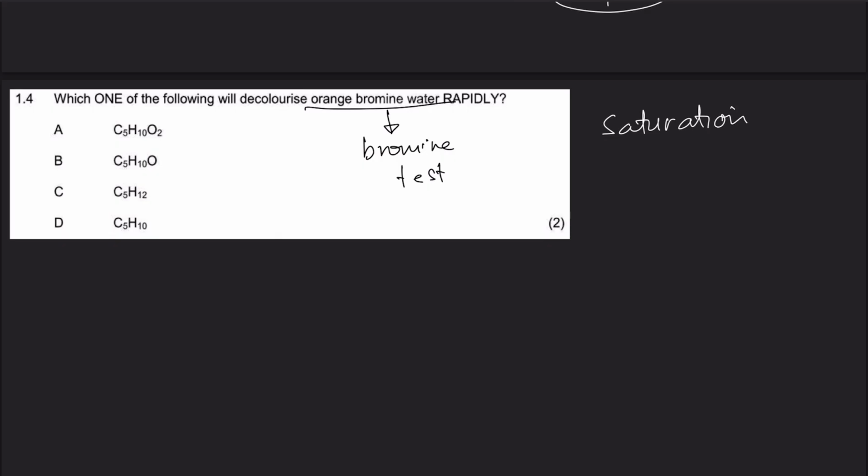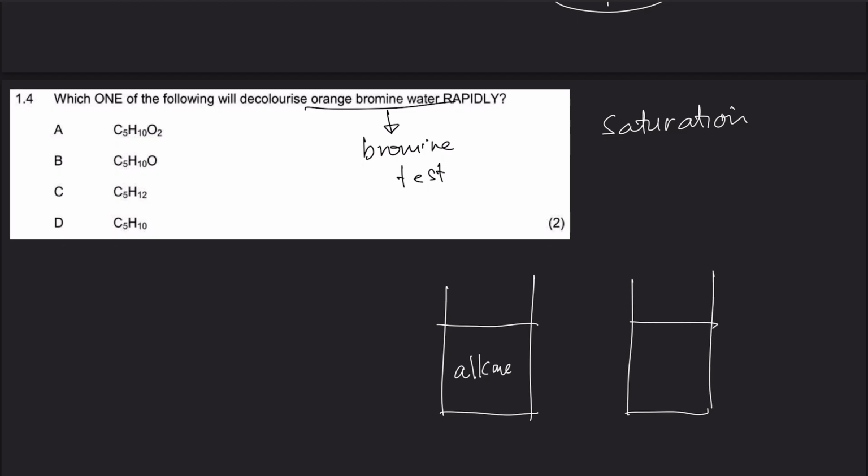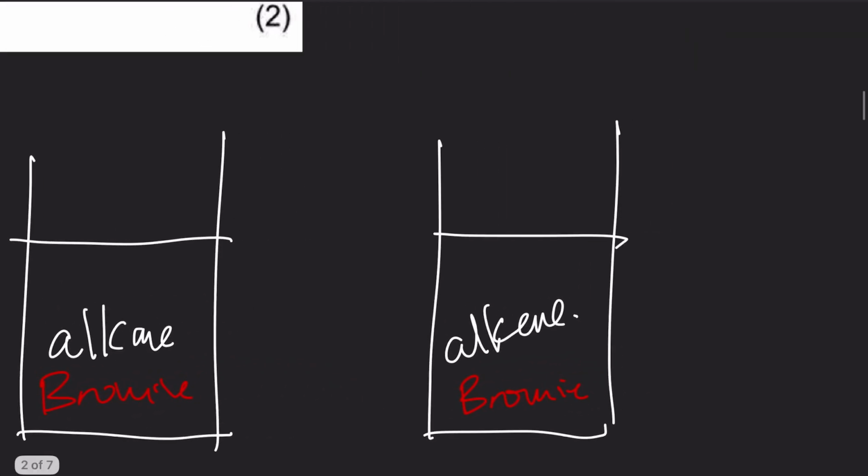So basically what happens is, if you have an alkene and an alkane, we know that an alkane is saturated, and we know that an alkene is unsaturated, right? If you have bromine and the alkene, a reaction will occur.